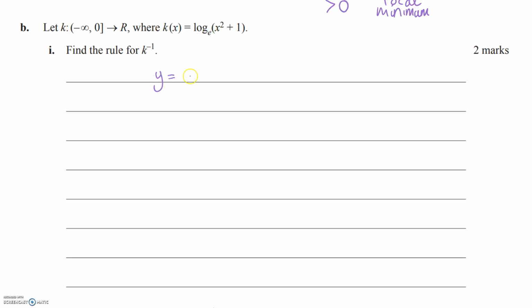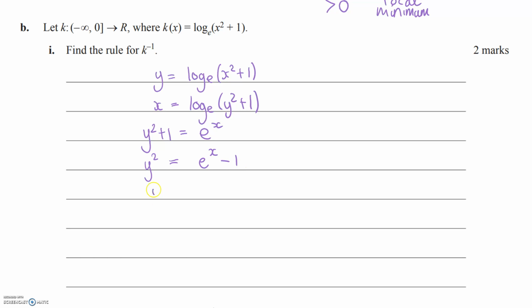So the first thing I'm going to do is what I do when I inverse, which is switch the values around and write it back out. And now for me to inverse this, well, this is just going to be y squared plus 1 is equal to e to the power of x. So we take 1 off both sides, and then we square root.